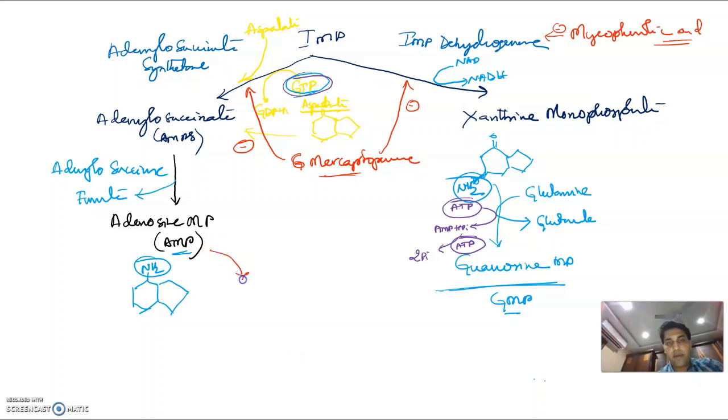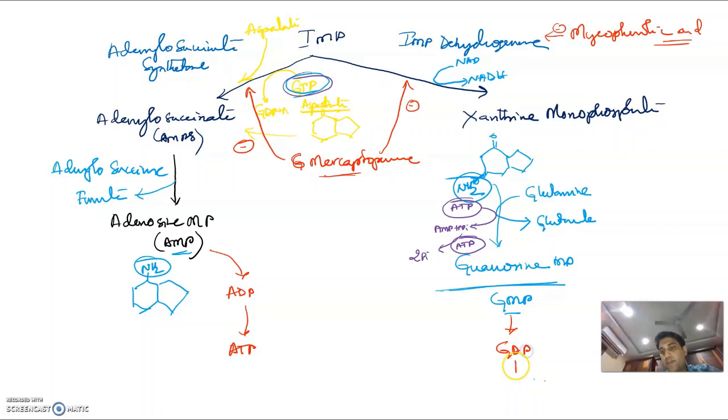Okay. Now, what will happen to this AMP and GMP? This AMP will get converted to ADP, which will get converted to ATP. This GMP will get converted to GDP, which will get converted to GTP. How are they getting converted? Every time they are utilizing an ATP to form ATP.